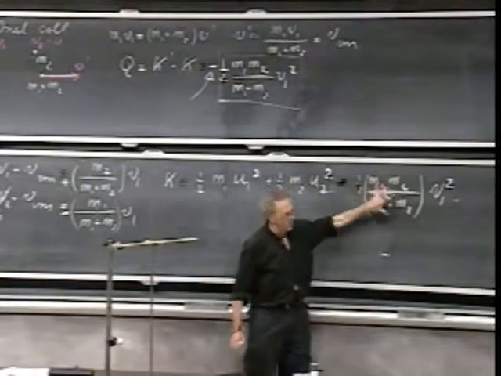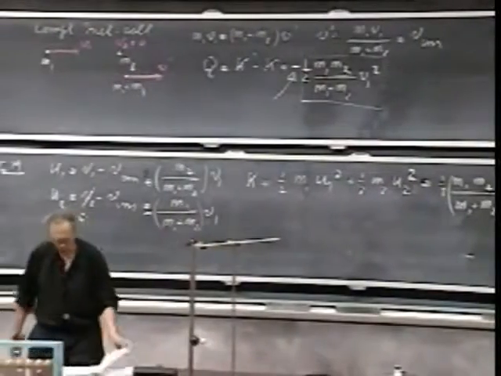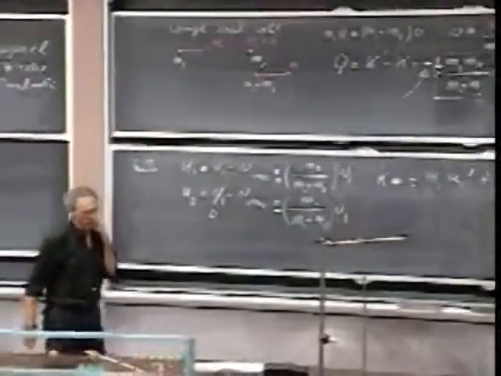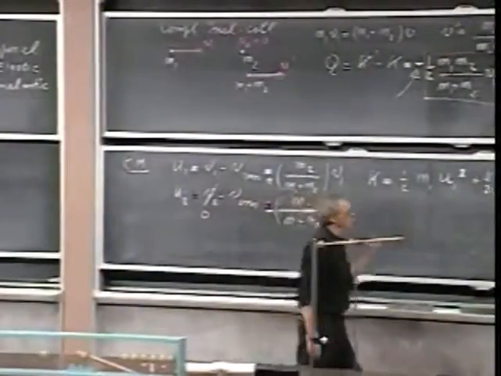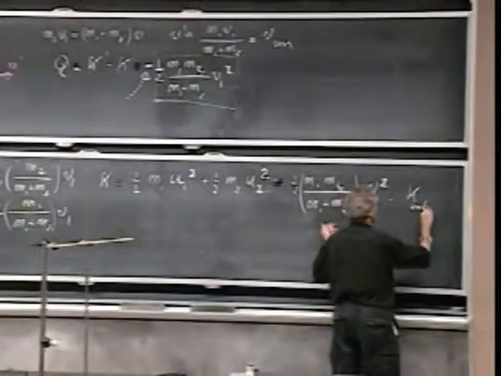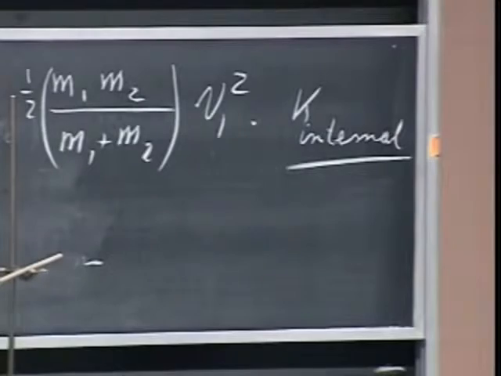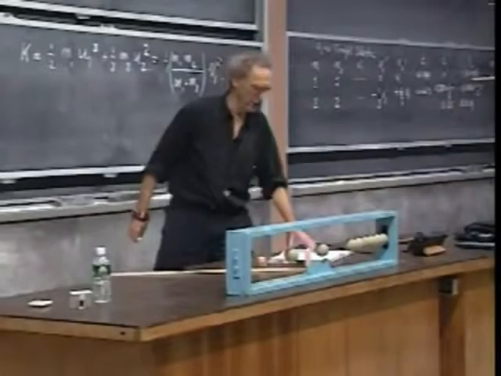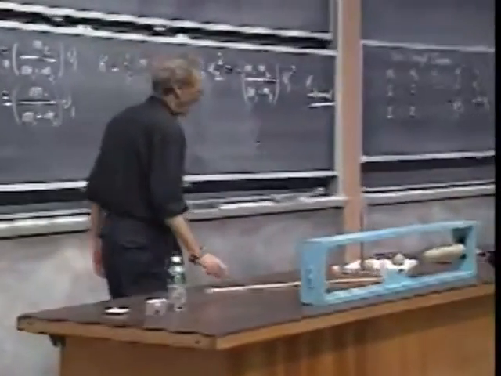You see here, this is the kinetic energy before the collision, and all that kinetic energy is removed, went to heat. This is the maximum you can ever lose, and this is what we call the internal kinetic energy of the system. So going to the center of mass system, you can always immediately calculate what the maximum heat is that you can expect from a collision.